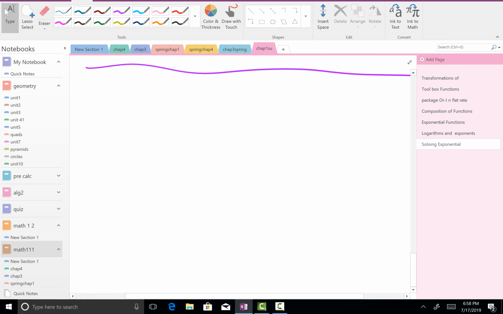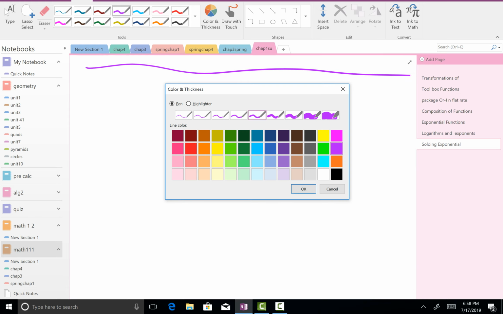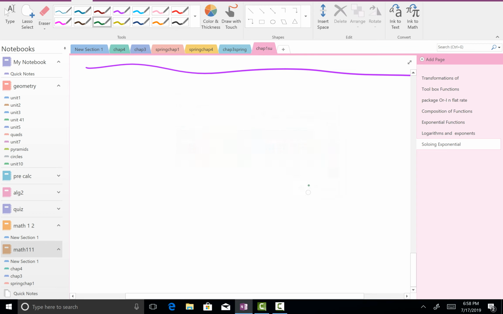So 4.6 we did. 4.7 is about applying basically exponential equations to money. I'll just call it functions.